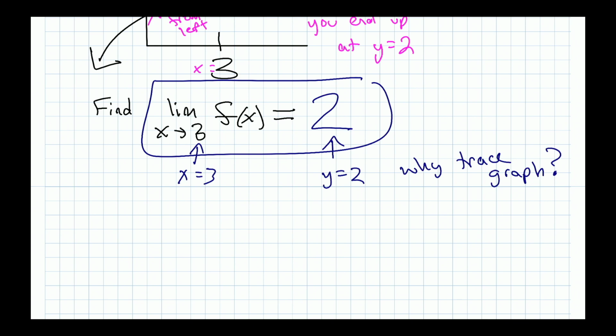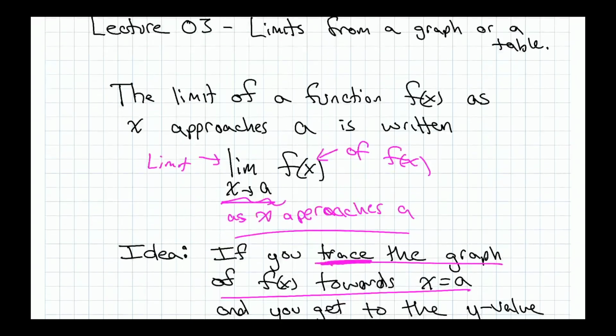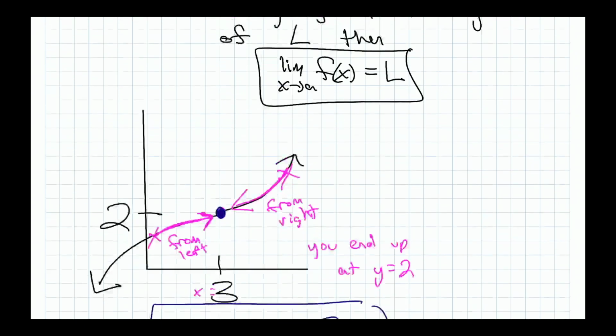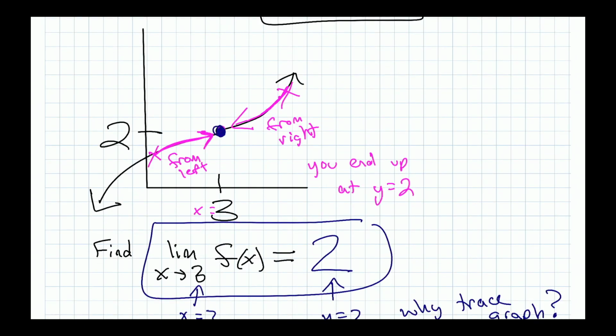The reason you have to trace the graph is because the way that I worded this here is you trace the graph towards x equals a and you get to a y value. I didn't say anything about there being a dot there, right? So right here, there's a dot at 3, 2. But even if there is no dot there, there's still a limit.